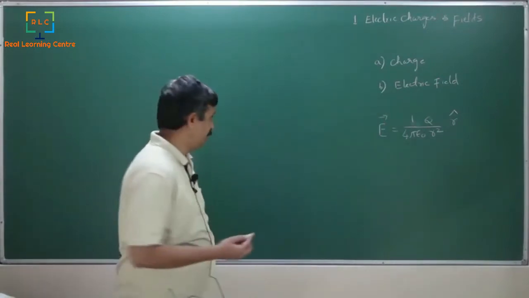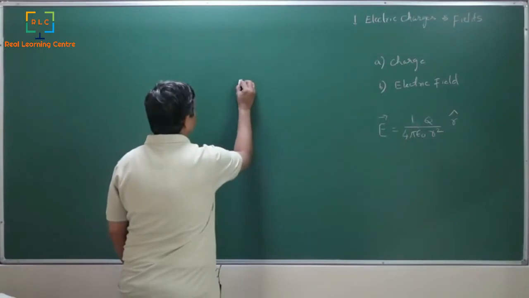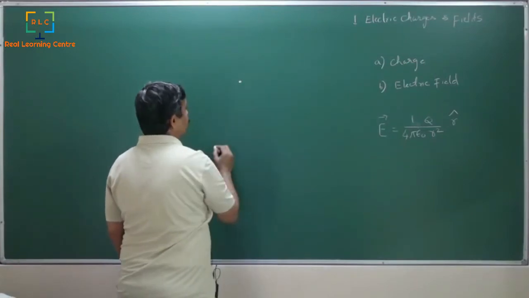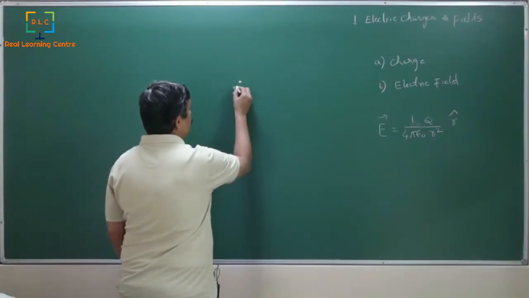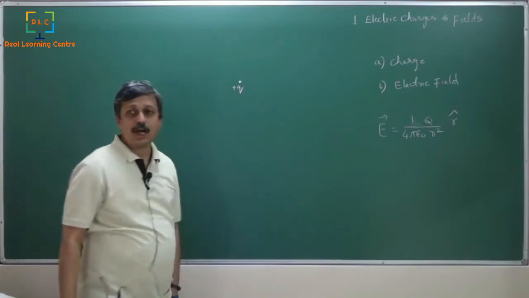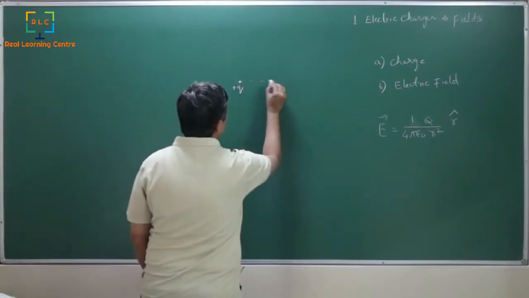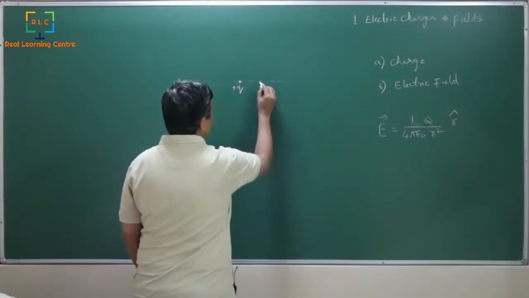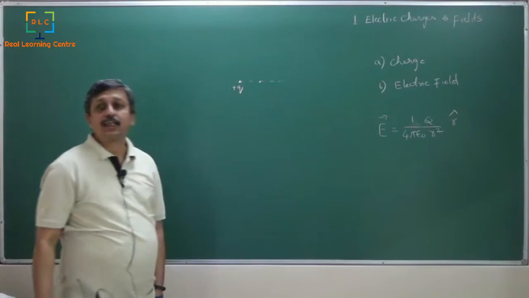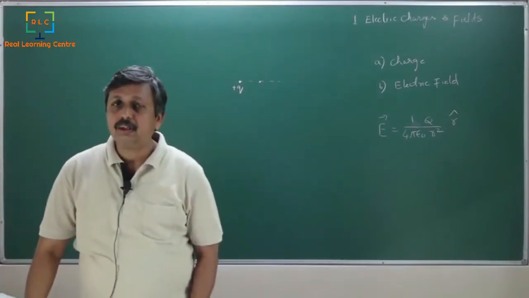Suppose I keep one charge here, let's say a charge of some plus q. Assume that I want to calculate the electric field at this point. How do I do that?